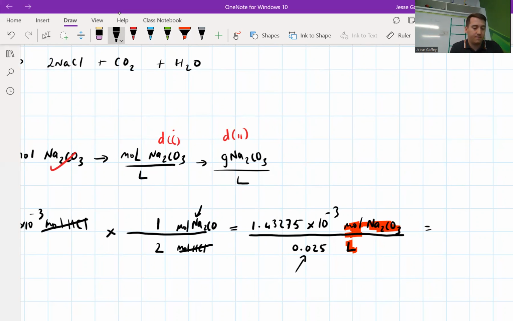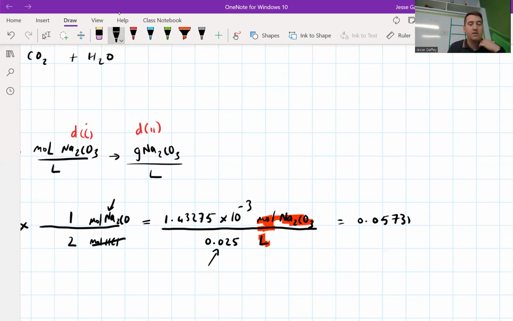The answer divided by 0.025. I'm going to get 0.057 is what I'm getting. 0.05731 is actually what I got. And of course, that's molar Na2CO3.